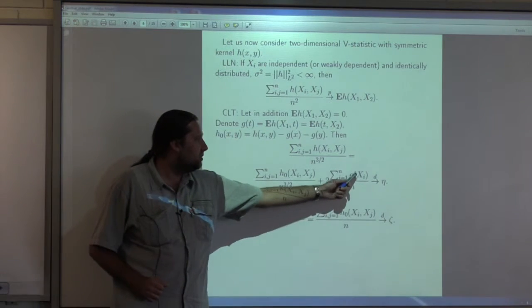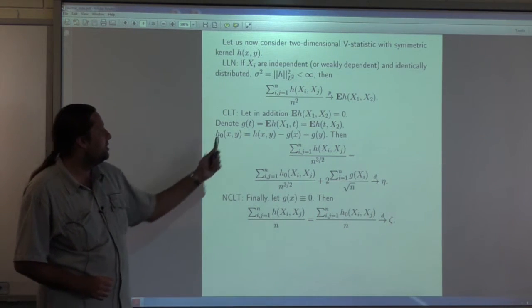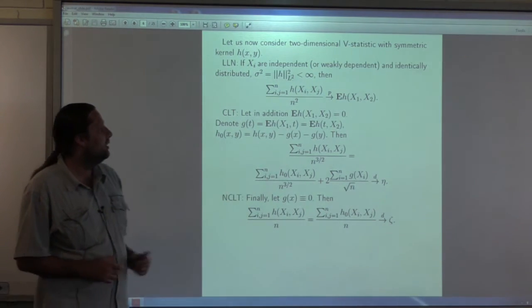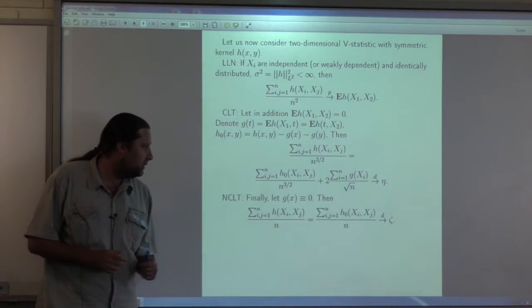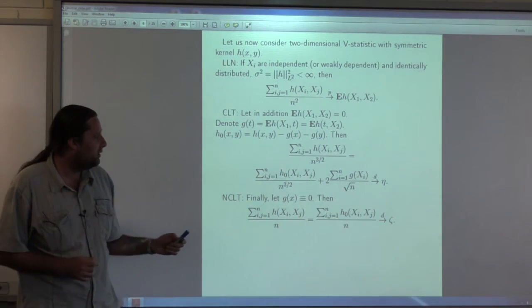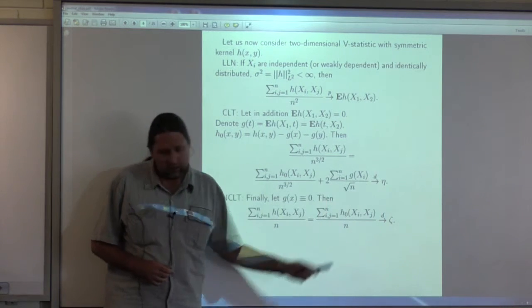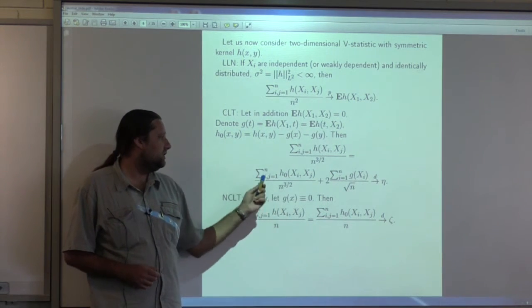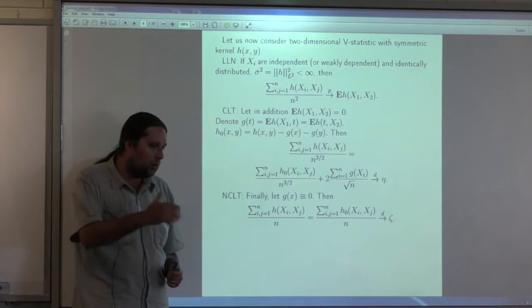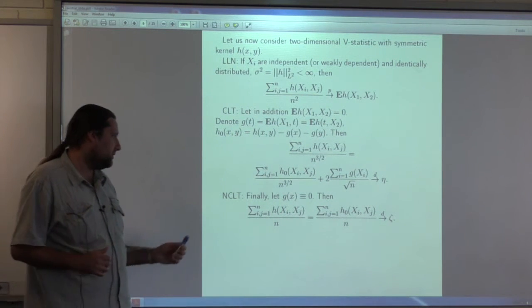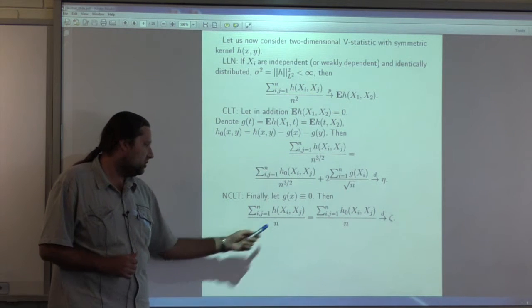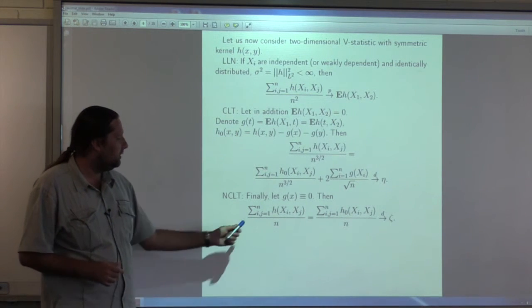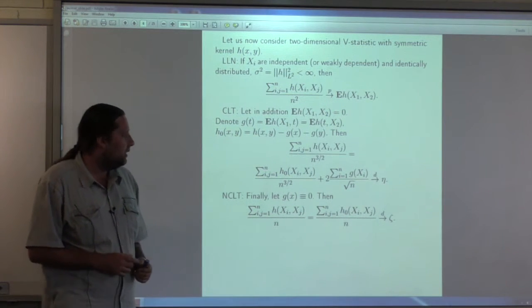If these functions g, which are denoted here, are identically equal to 0, then this second summand is 0 again, and we can then consider the first summand and apply an even weaker normalization, which is n in the two-dimensional case.